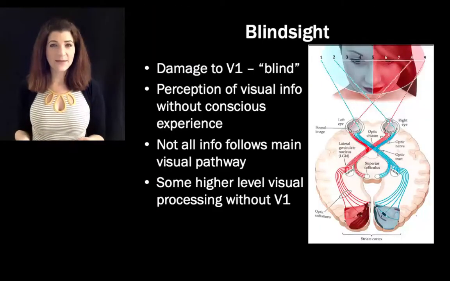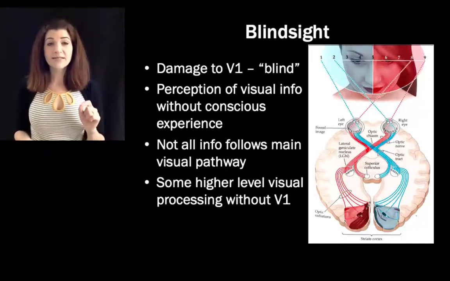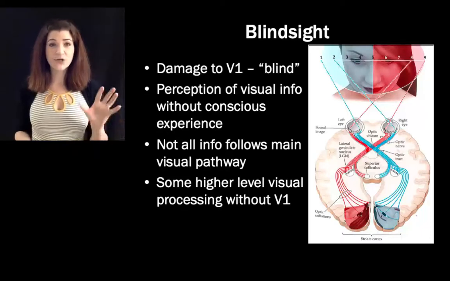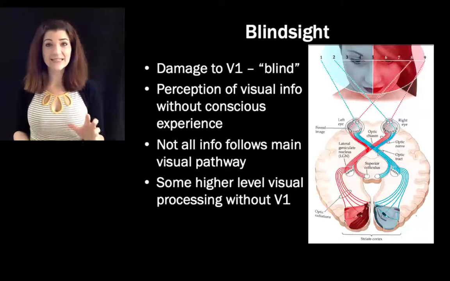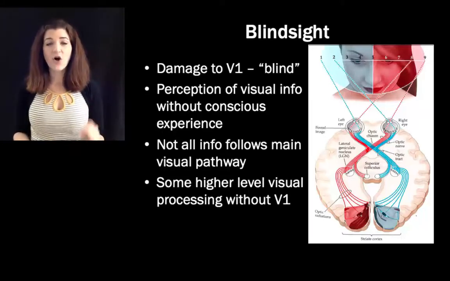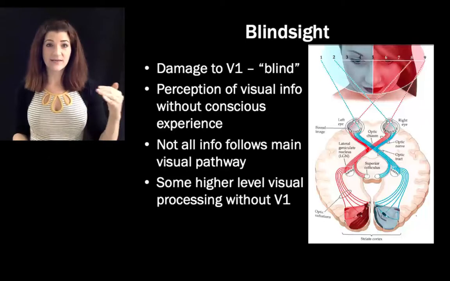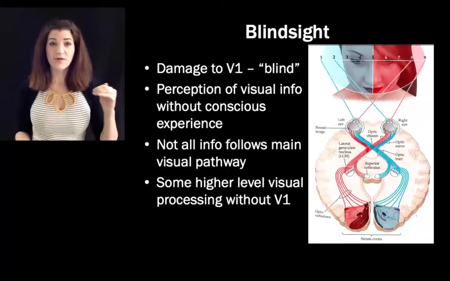So blindsight happens from a very specific kind of damage to the visual pathway. Blindsight can only occur when the damage is in area V1. The damage is in primary visual cortex. And yet somehow they still have this perception of the visual information, even though primary visual cortex isn't able to code for it. So the reason that this can happen is that not all information follows the main visual pathway that we just talked about, from retina, optic chiasm, lateral geniculate nucleus to V1.